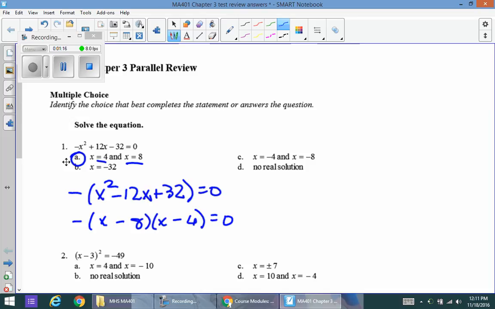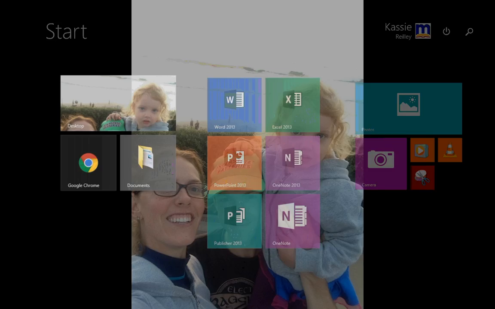Now, let's go ahead and look and see what that looks like in the calculator. So I switched to the camera here. Let's hope it works.